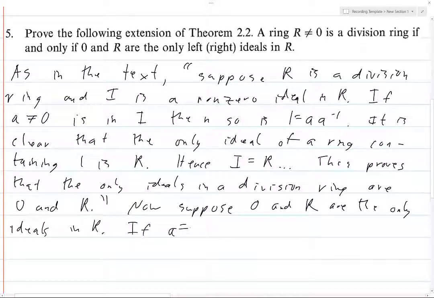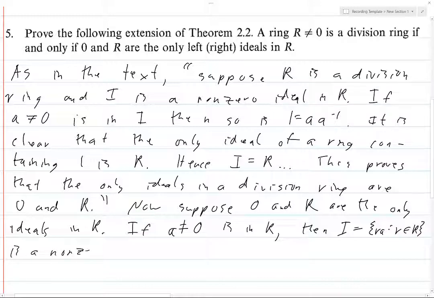If a is a non-zero element in R, then I, which we take to be the collection of all elements ra where r is in R, is a non-zero left ideal, non-zero because it contains a.